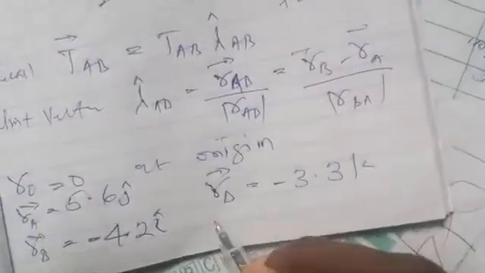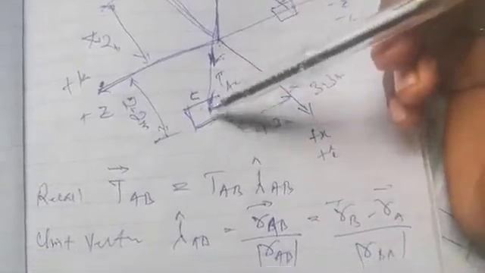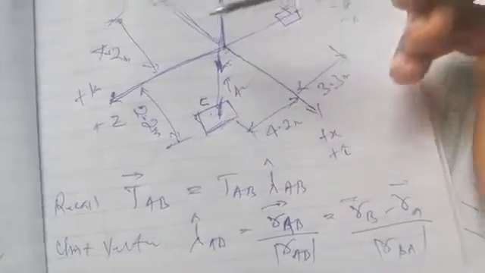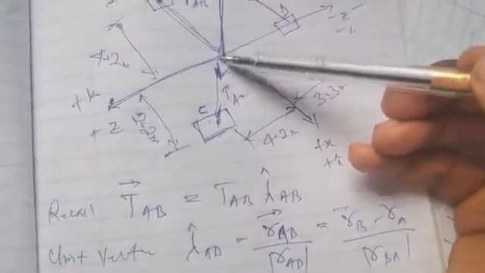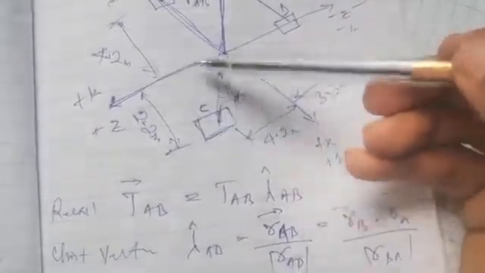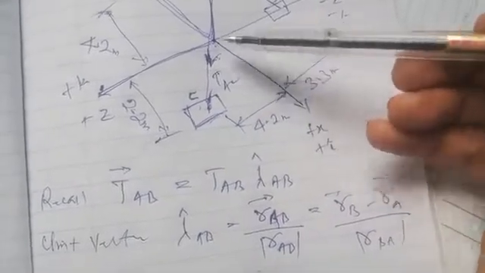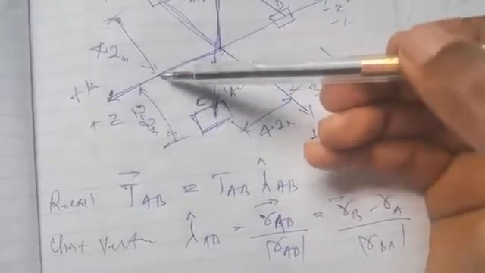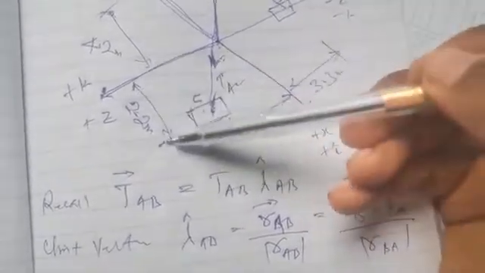Another point is C, RC. Notice that point C is at the midpoint, so I have to take different channels to get to it. First I move from the origin through this distance, then from that point I move to locate point C, covering this distance, which is 2.2.